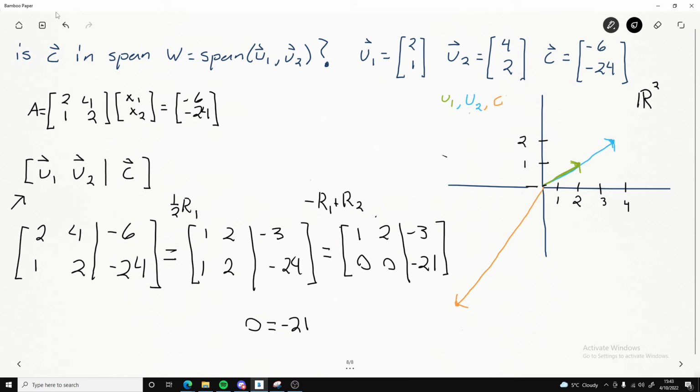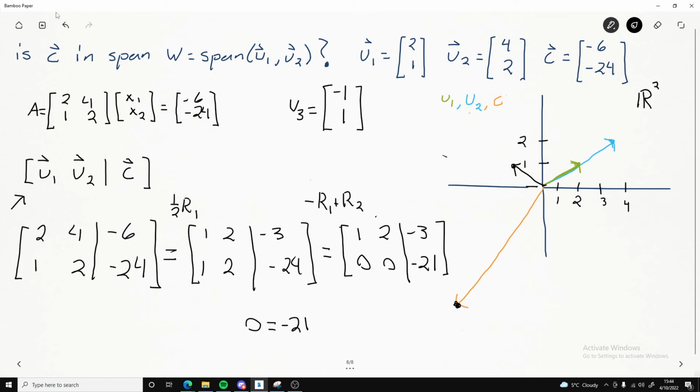Now, if we had u1, u2, and potentially a new vector, u3, which we'll say is equal to negative 1 and 1, which would be somewhere out here, then our system will be consistent for these vectors, because we can somehow get to C by using the 3 vectors we have available to us.